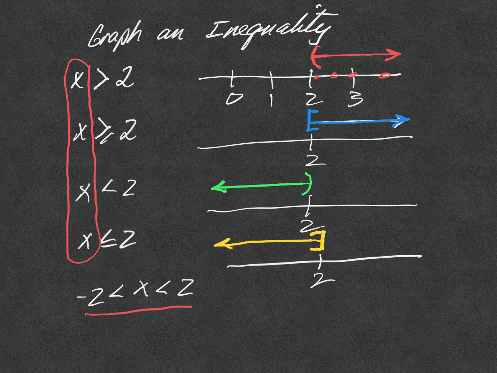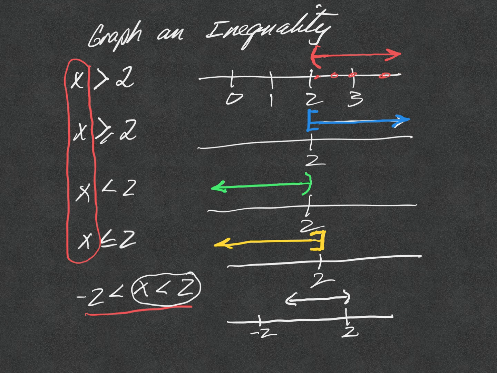All right, one more to do is when you have a compound inequality, which wants you to graph both of these at the same time. So we have from -2 to 2. This part of the inequality says x is less than 2, so I'm going this way.